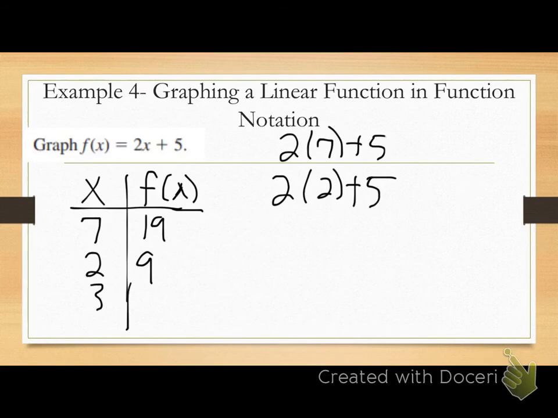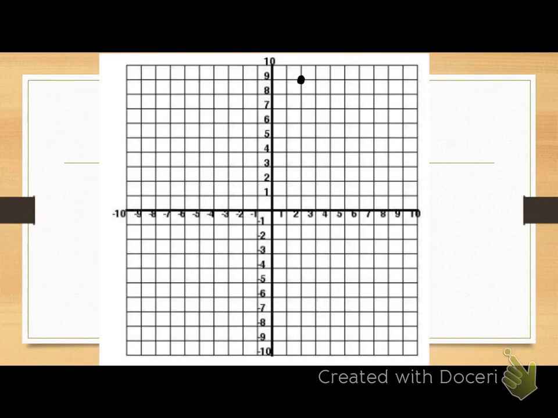Okay, let's plug in 3 now. 2 times 3 gives me 6. 6 plus 5 gives me 11. 3 comma 11. It's going to be a little off my graph. I might be able to squeeze it in there. Be up here somewhere.